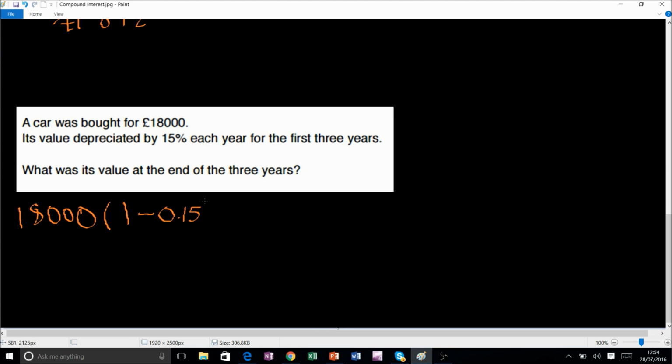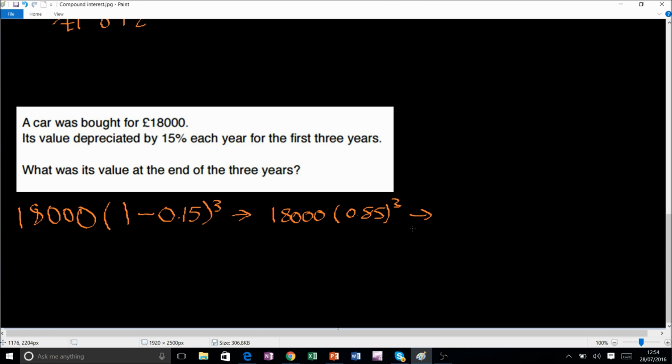And 0.15 is 15%, and to the power of 3, okay, because it's for 3 years. So that can be the same as, what is 1 take away 0.15? That is 0.85, to the power of 3.